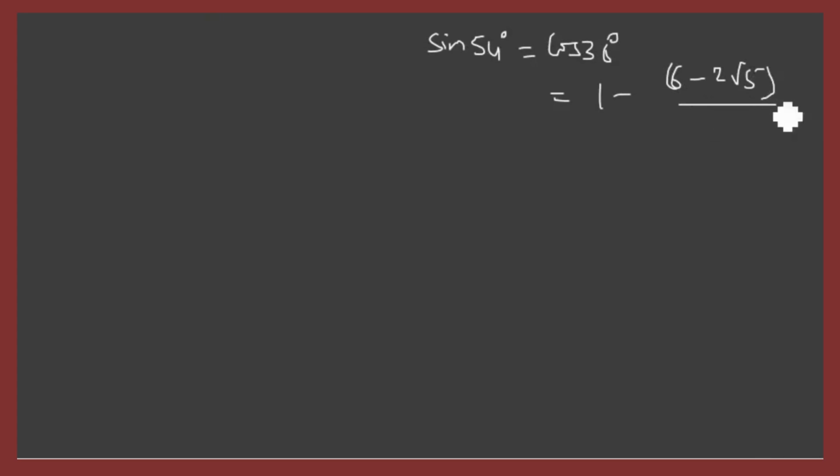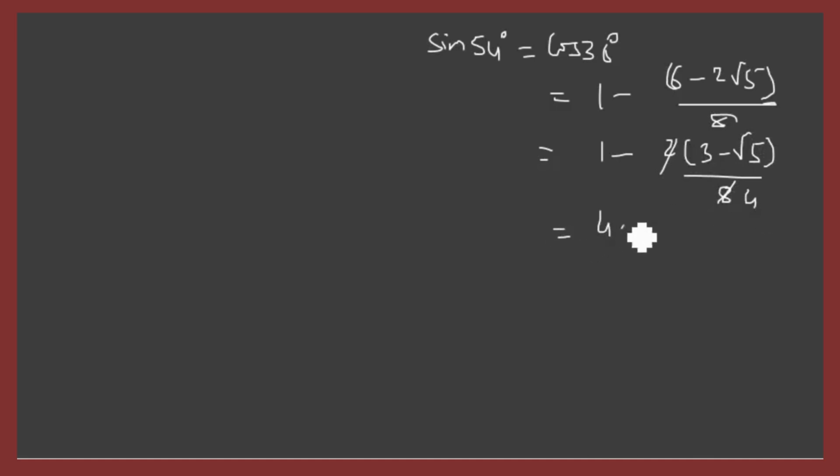Now if we simplify sin 54 or cos 36, we get 1 minus (6 minus 2√5) divided by 8. We can take 2 common here, so this is (3 minus √5) by 8, so you can cancel this with 4.